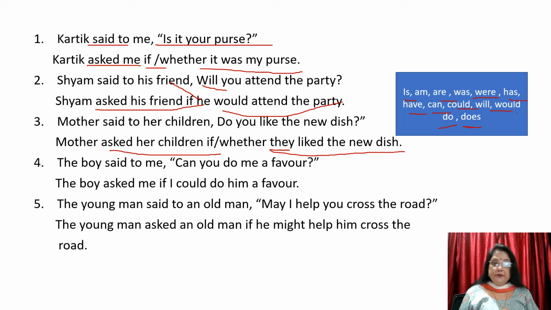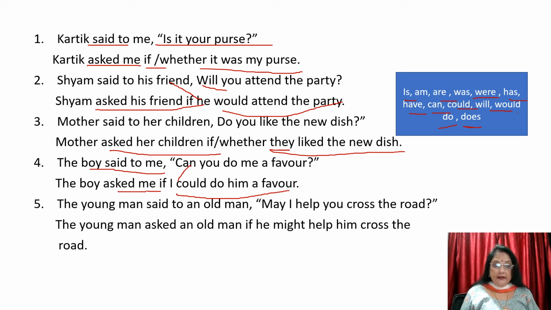The boy said to me, can you do me a favor? The boy asked me if I could do him a favor. All right. The young man said to an old man, may I help you cross the road?